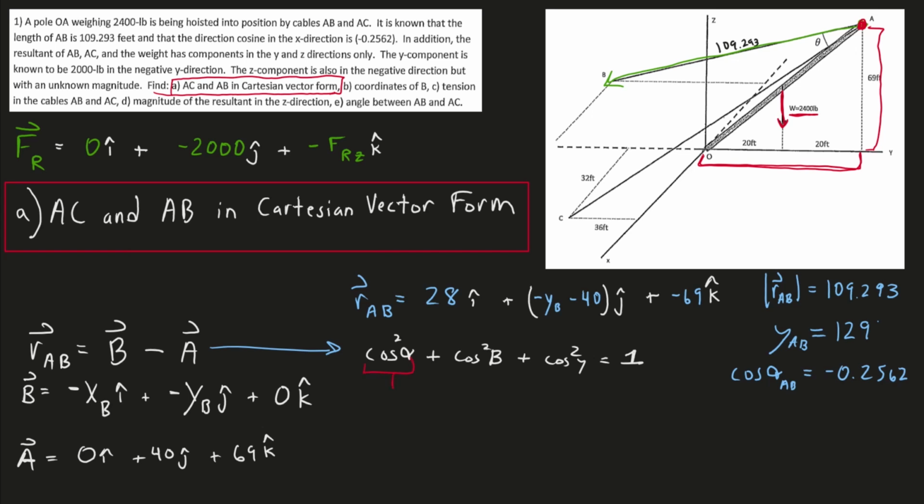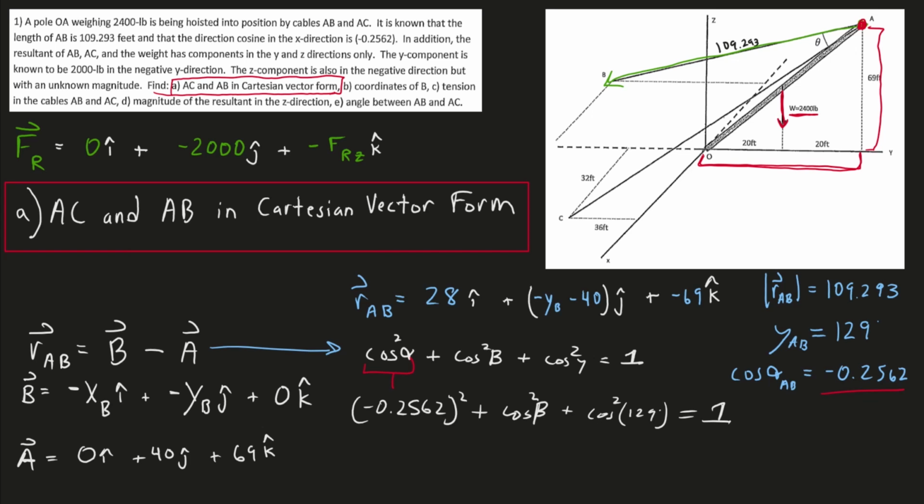We don't know what alpha is specifically, but we do know that the cosine of alpha is this number. So that negative 0.2562 squared plus the cosine of beta squared, that really is an unknown, plus the cosine of 129 degrees squared, all equal to 1 here.